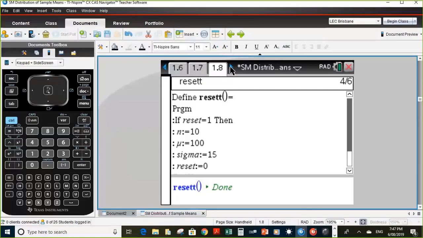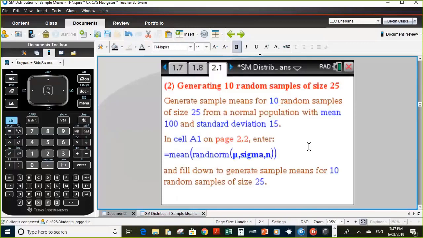Here is an example of the reset program. Normally what you would do when working with the students is you would hide it. But here I'm showing you it, and you can reproduce it for when you come to look at this file. And also you can use it for similar situations where you want to reset a page back to what it was after some interaction with it.